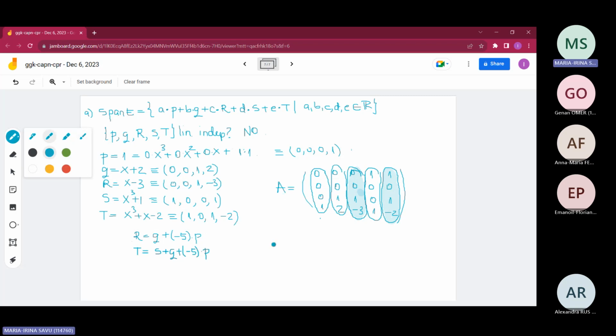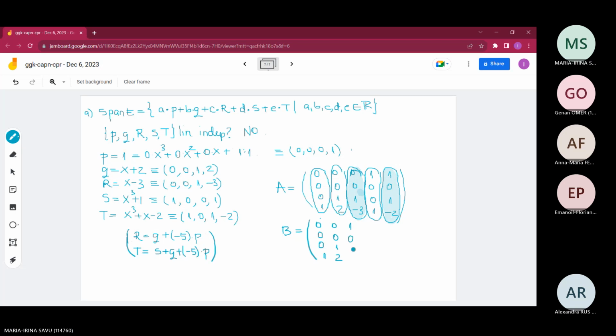So actually, only the first, second, and fourth polynomials are linearly independent. So if you write again the matrix with these polynomials, you will see that the rank of this matrix is 3.